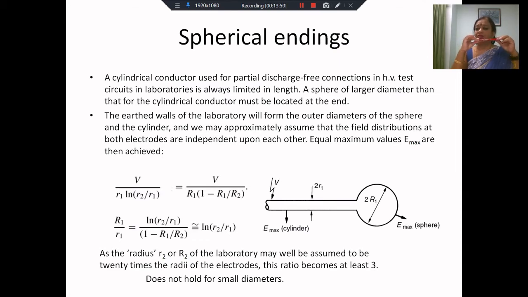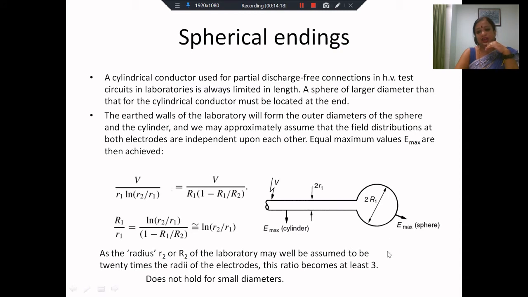Compared to the radius of the cylinder, the radius of the earth walls of the laboratory would be very large, especially in a high voltage laboratory. High voltage laboratories generally have very high ceilings. So the walls will be very far away, and the fact that it's not generally a cylindrical laboratory will cease to matter. So you can approximate the room walls as an outer cylinder of the cylindrical conductor.